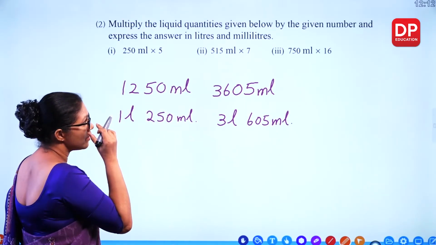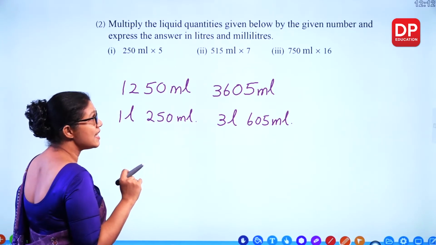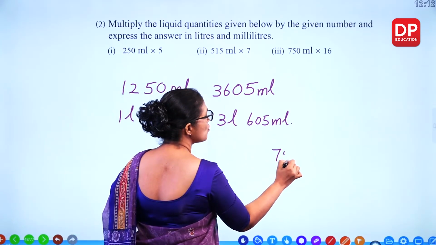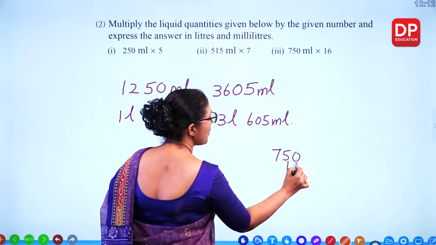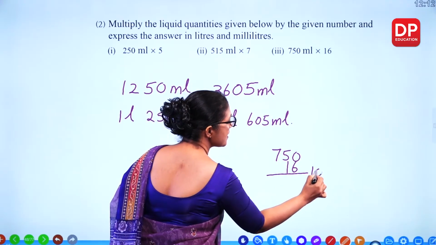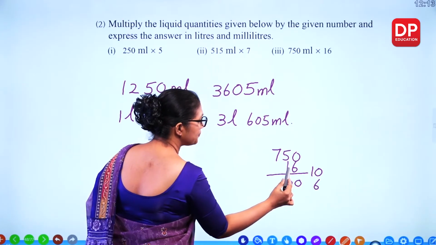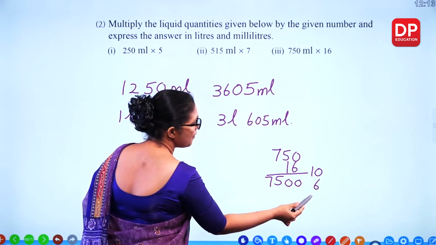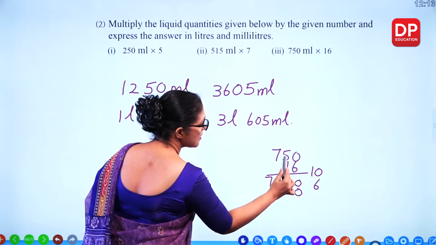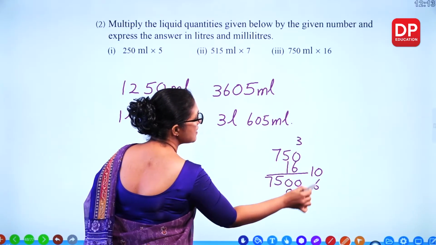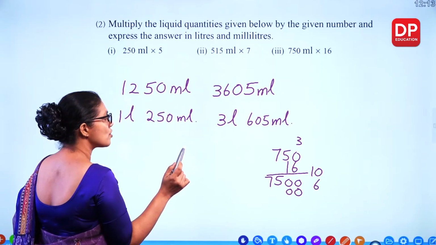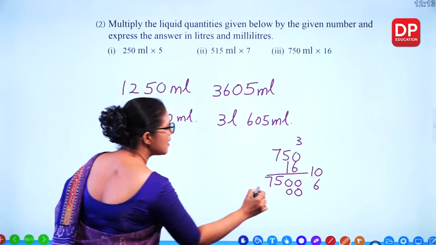What about this one? You have to multiply this by 16. It's easy to multiply separately. 10 and 6. Multiply by 1 first. And then 6. 6 times 5, 30. 6 times 7, 42. 42 plus 3, 45.